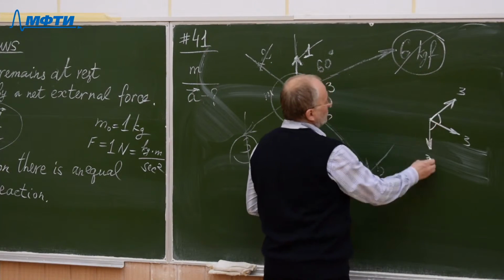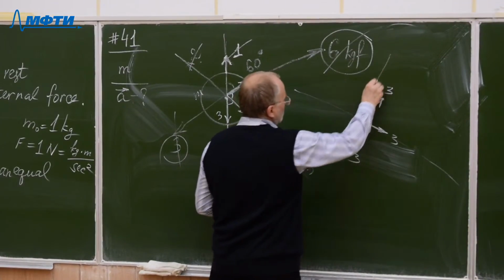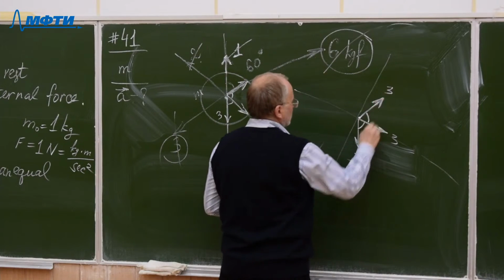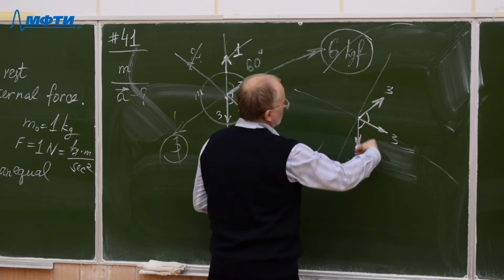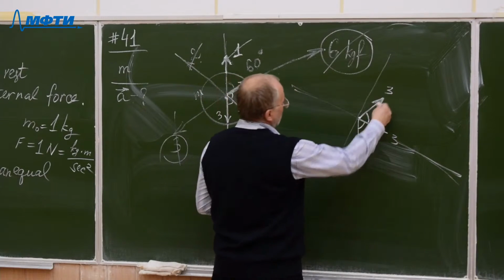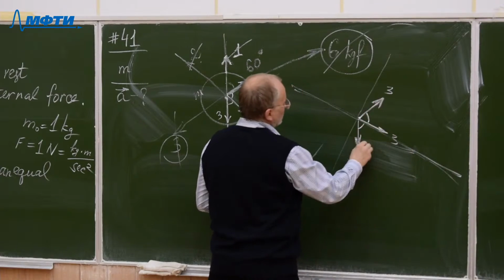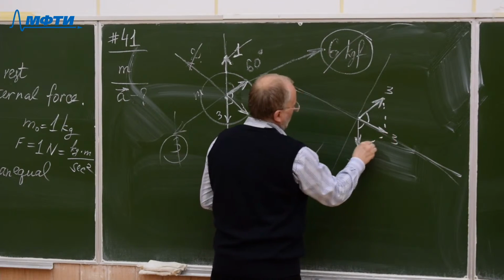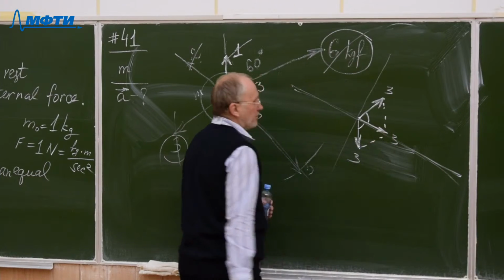Consider the action of all the vectors along this line and along the perpendicular line. If we add this vector and this vector together, as 2 vectors located symmetrically with respect to this line, we must draw a parallelogram which will produce the result.